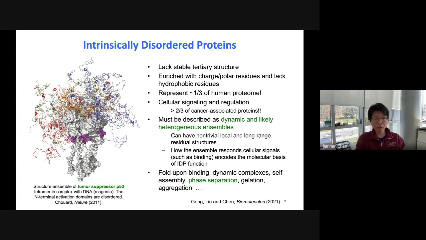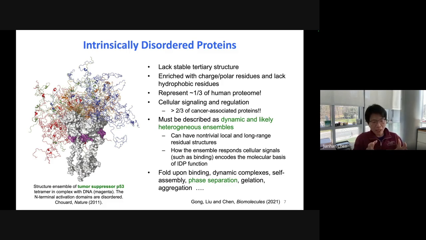But for intrinsically disordered proteins, the meaning of structure needs to be dramatically expanded, right? Instead of thinking about one or a few structures to represent the conformational state of the protein, now we need to think about a dynamic and most likely heterogeneous ensemble of structures. We need such an ensemble to describe the conformational state of this disordered protein.